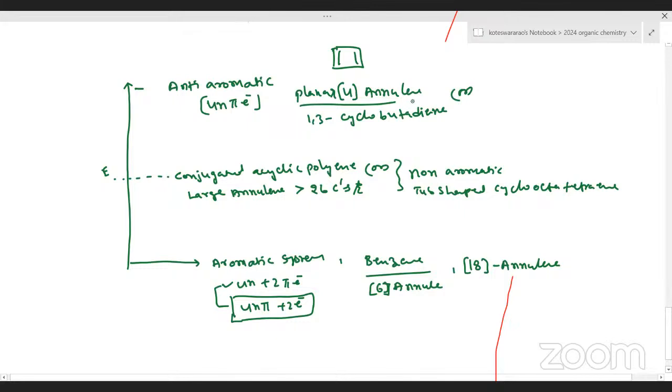Or another example, a planar cyclooctatetraene. Like this. This should be planar. If it is non-planar, it becomes non-aromatic. Okay. Then cyclooctatetraene. Right. This is known as the simple classification table for aromatic, non-aromatic and anti-aromatic.